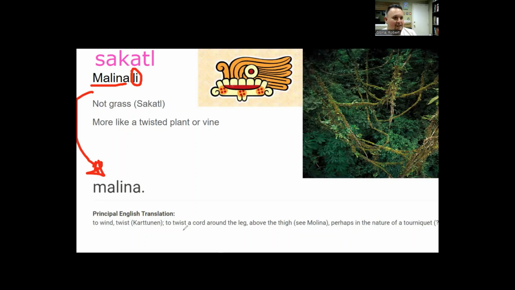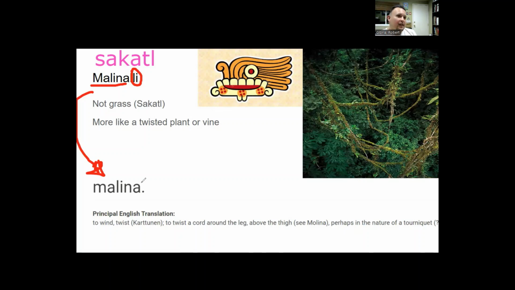And an example given is like to twist a cord around the leg above the thigh, perhaps in the nature of a tourniquet. Okay, so just any action where something is winding or twisting, we use the word malina. Now, you add an ili to it, and that means that it's something that has been twisted, right? Or the outcome of something being twisted.